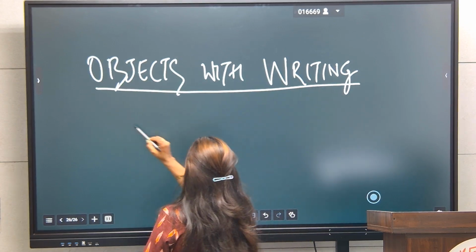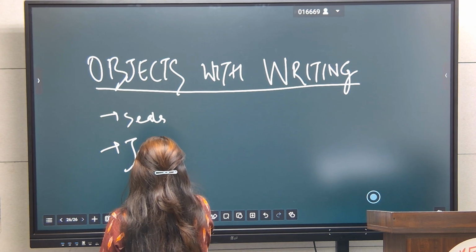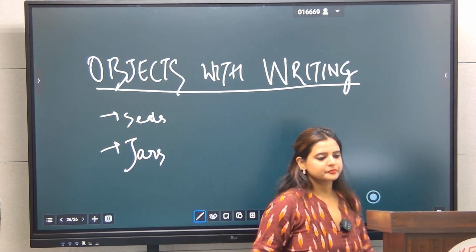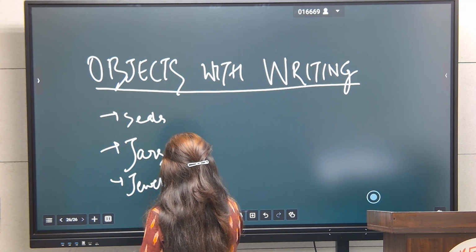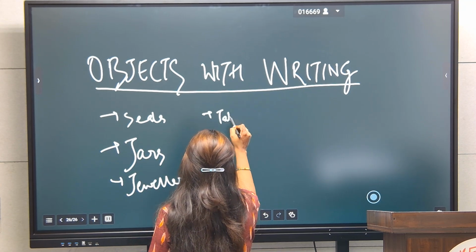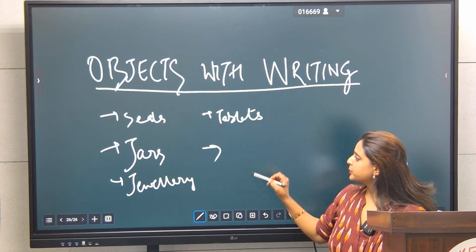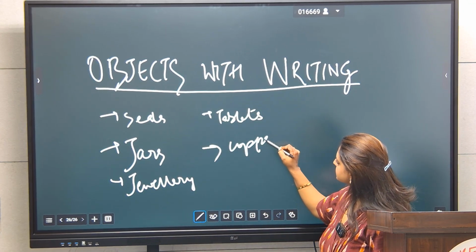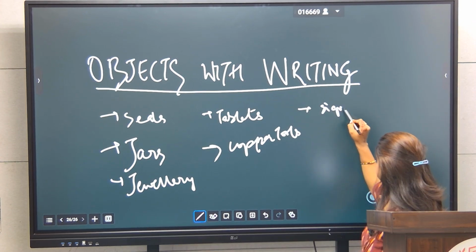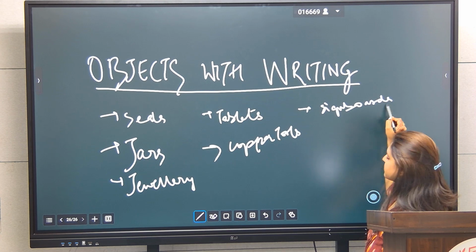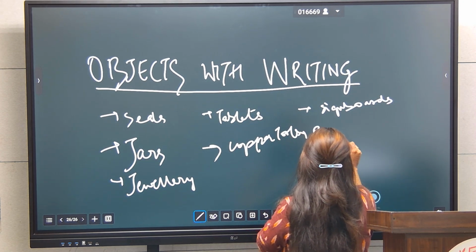They were seals, jars, jewelry, tablets, copper tools, signboards, sorry, bone rods.